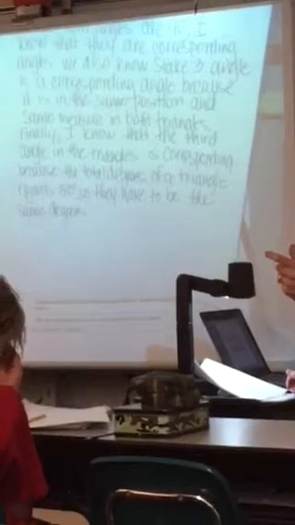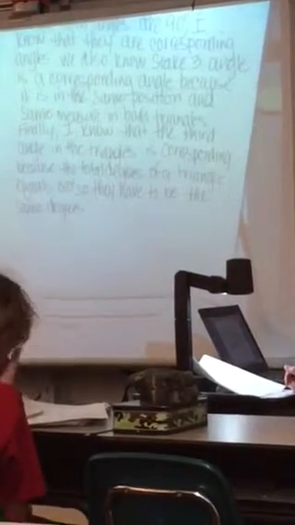So here's where your paper is going to differ. Besides having corresponding angles, we have to have corresponding sides with a what in common? Scale factor.